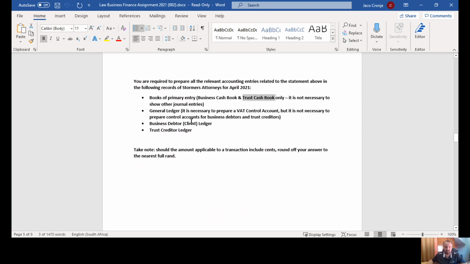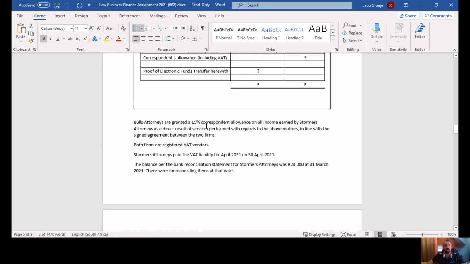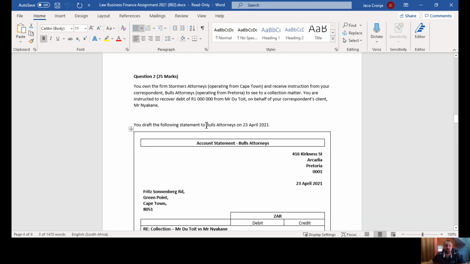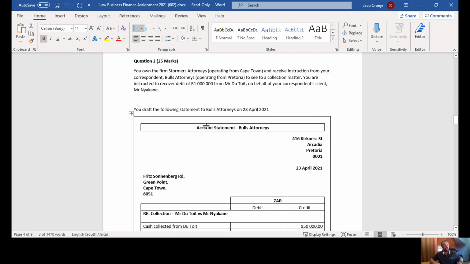Then on client ledgers, we are going to have correspondent Bulls, trust creditor, correspondent Bulls, business debtor. We are going to have our professional fees, the income account. We are going to have collection commission, and we are going to have a VAT control account. So you need 1, 2, 3, 4, 5, 6, 7 T accounts on your answer sheet to start this off in the correct direction. Okay, so let's go back to reading through the actual question.